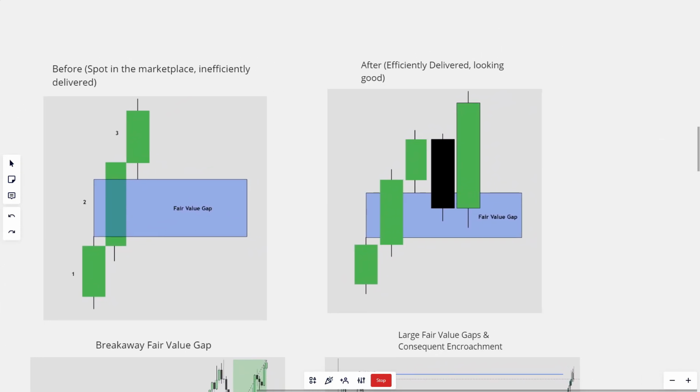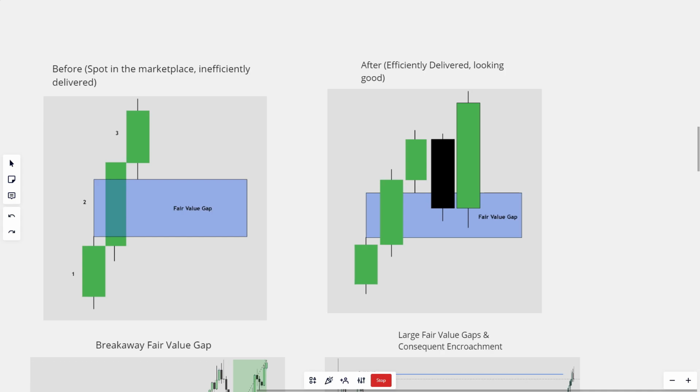And this is what we refer to as the spot in the marketplace. So as the market paints, it creates this spot. So price comes back down, fills in that spot. Remember the painting analogy, price comes back down, fills in that spot, and then continues to paint. And this is what we typically see from a fair value gap.